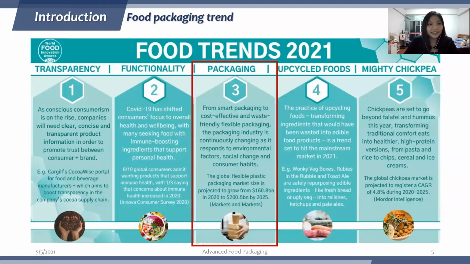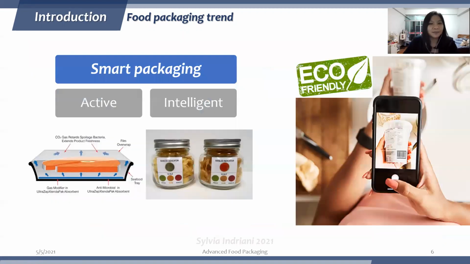It has been projected that the packaging sector is still the most interesting topic or issue in the food trend of 2021, this year, and the next year for sure. Briefly, active packaging is defined as any packaging design which can release some compounds to maintain the quality and prolong the shelf life of the foods.